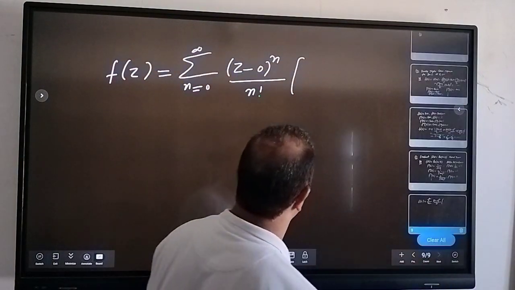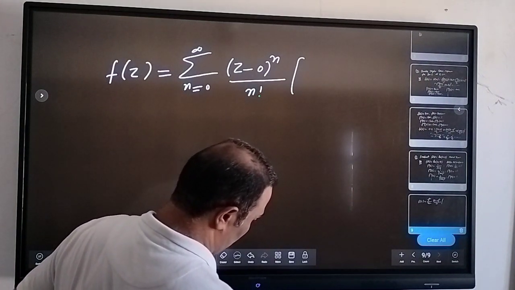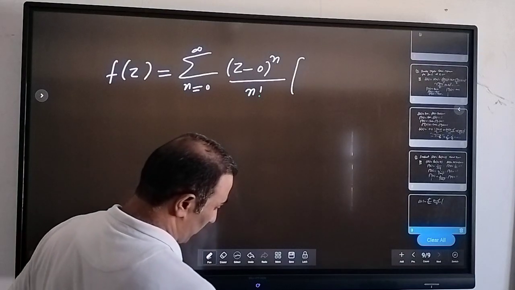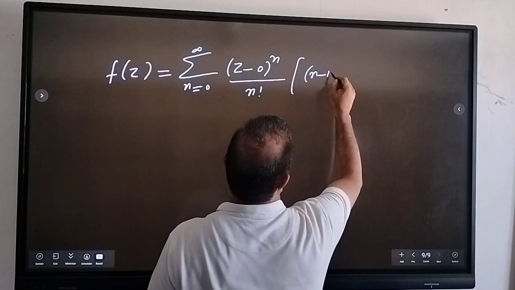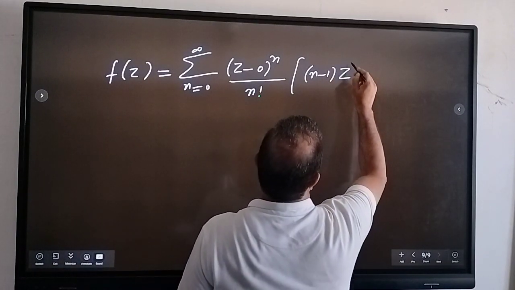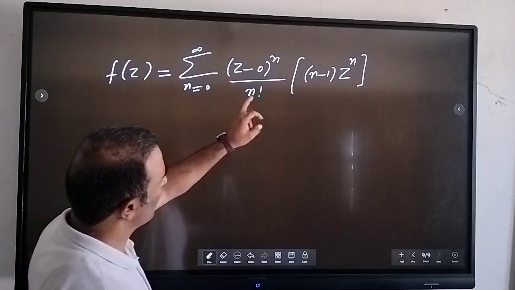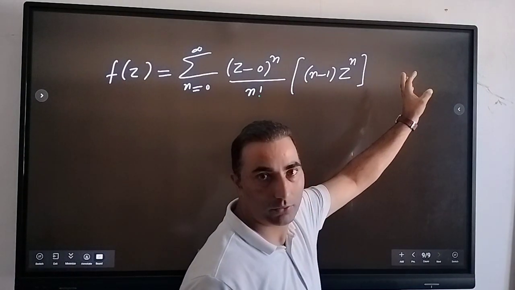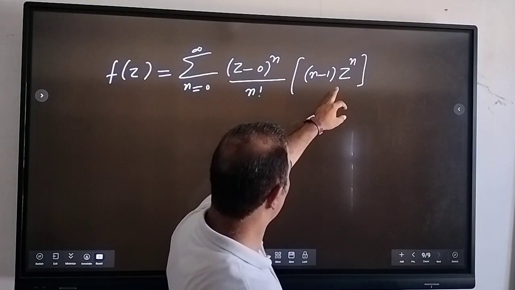So you can write this as n minus 1. Because when you put n equal to 0, this will be z raised to the power 0, that's 1. So the first term is formed.